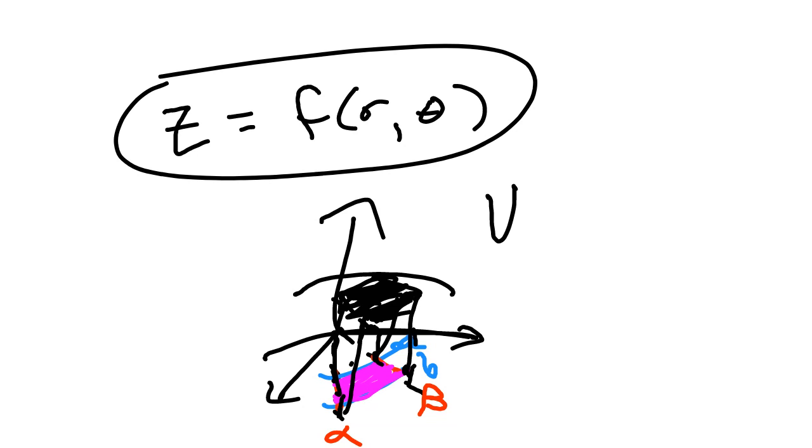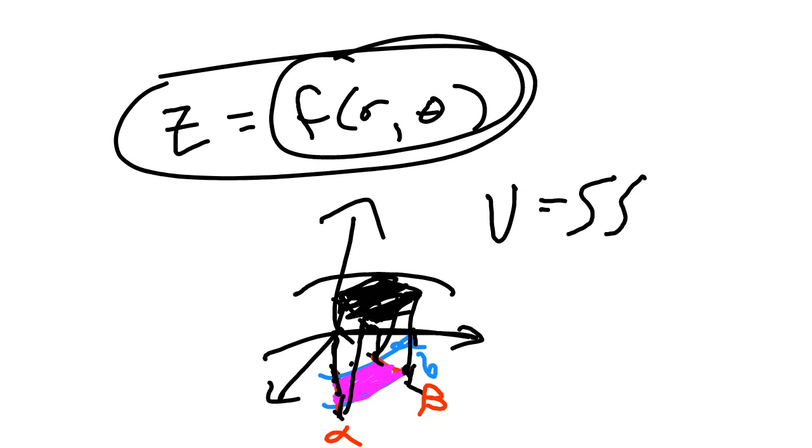So what is the volume of something that has a sheet of f of r, theta for a height that's entirely on or above the table surface? It would be the double integral over region R of f of r, theta, and instead of dA, remember it's r dr d theta, or you could switch and do r d theta dr, depending on how you're going to do it.